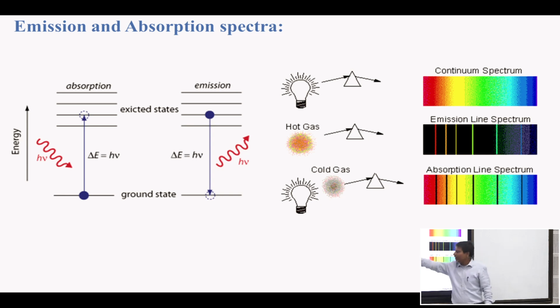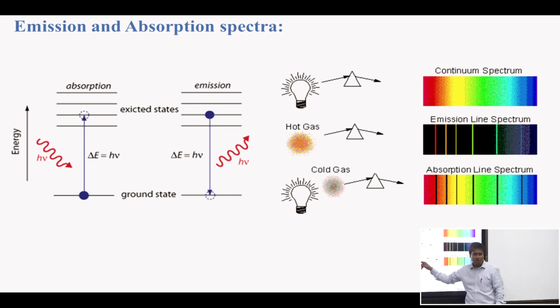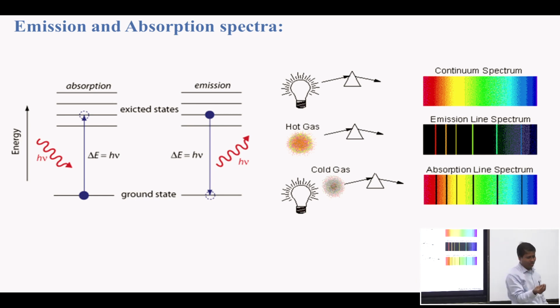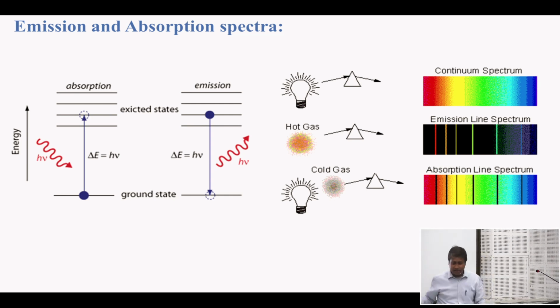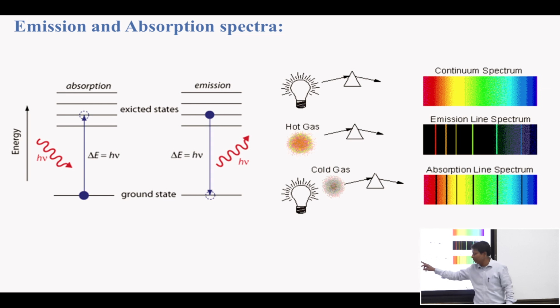Now, if you have this light source and the prism to separate, in between you put a cold gas. Cold gas means a gas molecule which is not excited, which is in the ground state, which can absorb some light. So you put the gas between the light source and the detector. What happens?